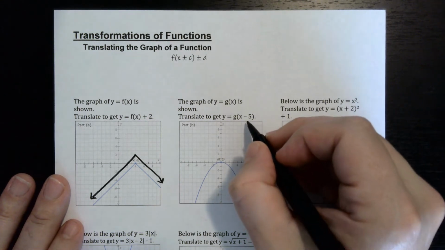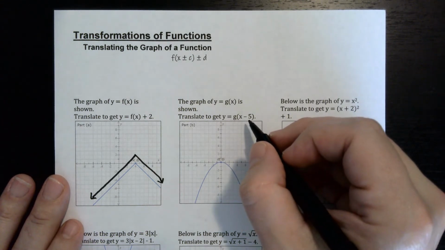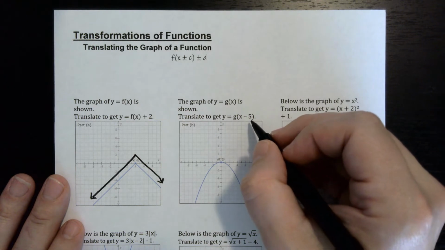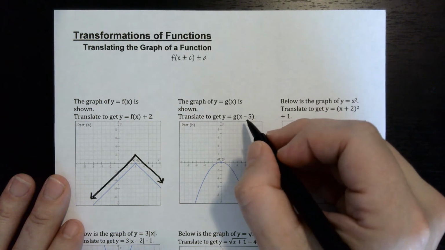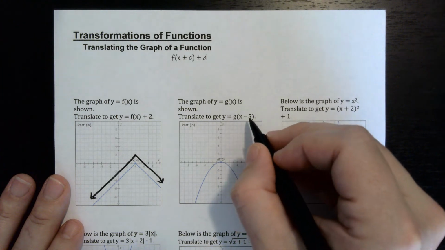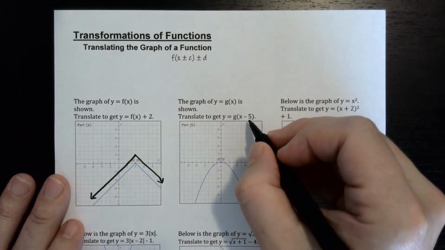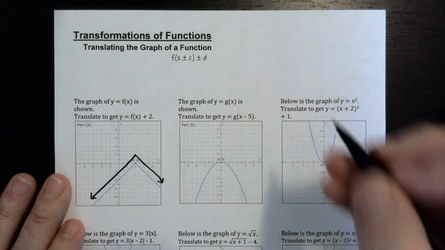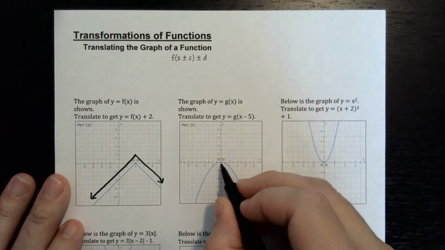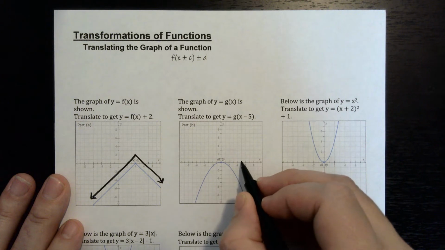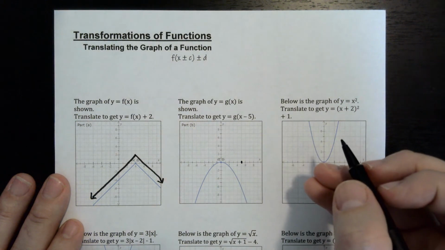So you might think, oh, minus 5, that means I move to the left, but it's actually the opposite. When it's inside, you move the opposite direction of the sign. So since this says g of x minus 5, we're going to shift this in the positive 5 direction on the x-axis. So this 0, 0 gets shifted over to 5, 0.